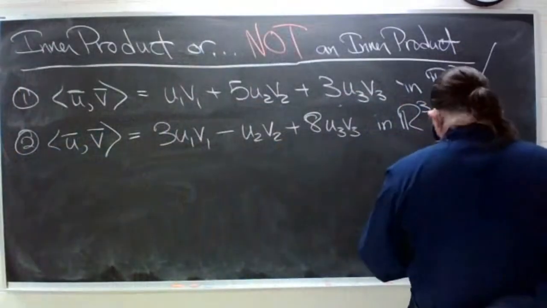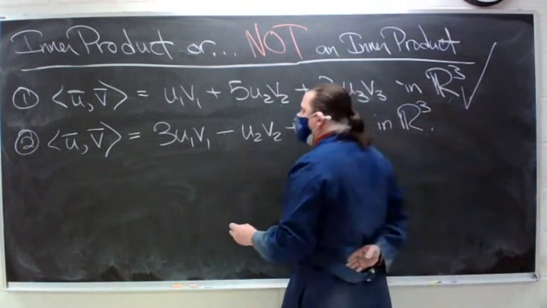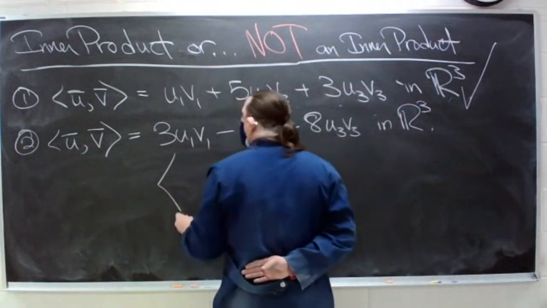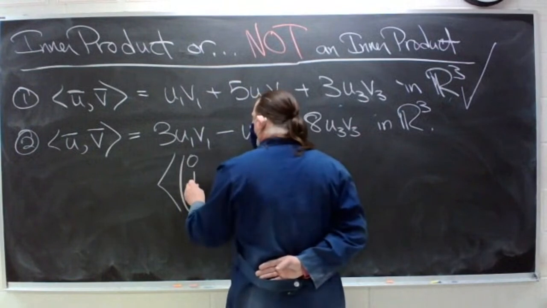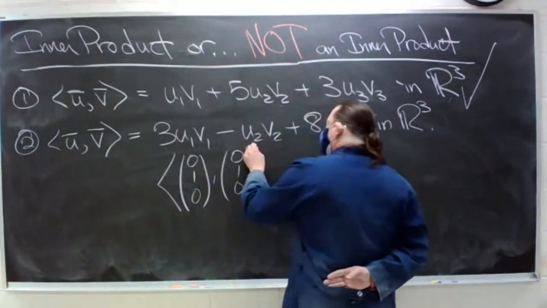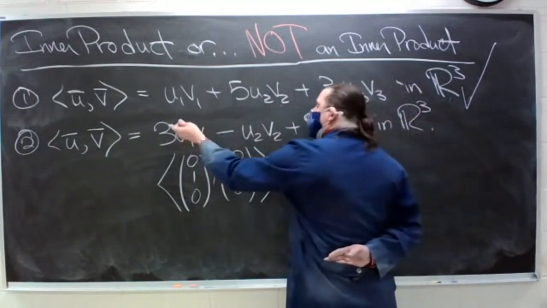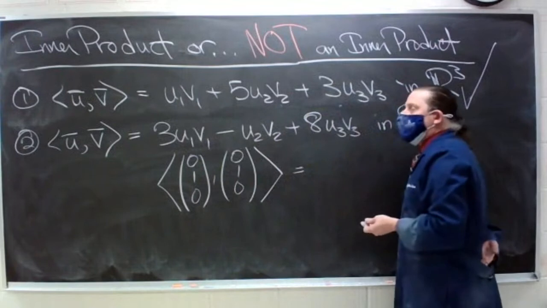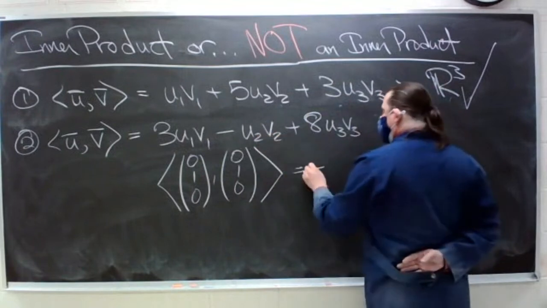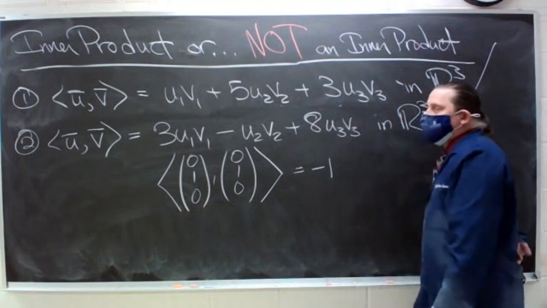All right? In this situation, we could consider the inner product of this vector with itself. And what would I get? Well, I would get 3 times 0 times 0 minus 1 times 1 plus 8 times 0 times 0.